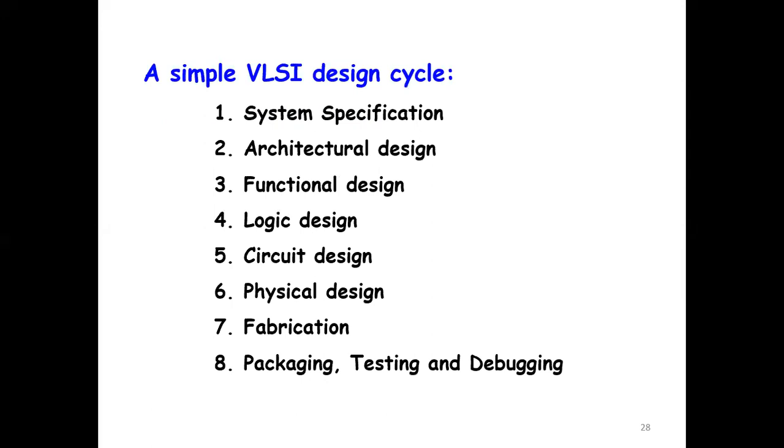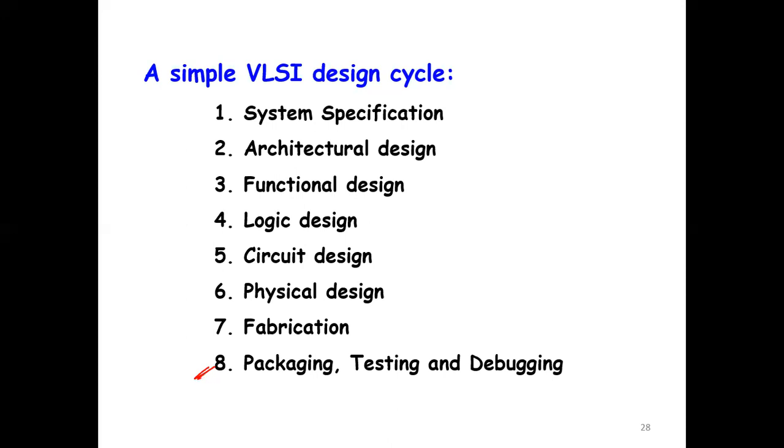The steps are: system specification, then architectural design, then functional design, then logical design, then circuit design, then physical design, then fabrication, and after that packaging, testing, and then debugging. This is very important, this point number 8. After the packaging, testing, and debugging, if the device is not successful, then we come back to the first part, that is the system specification.